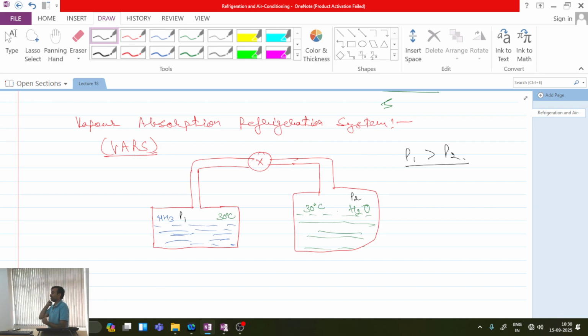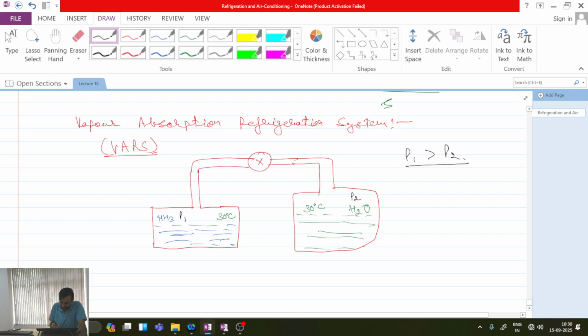This majorly comes because of the intermolecular interactions between ammonia molecules and water molecules. Vapor molecules of ammonia can more easily escape, and ammonia can result in more vapor formation at the same temperature. Okay, so P1 will be greater than P2.